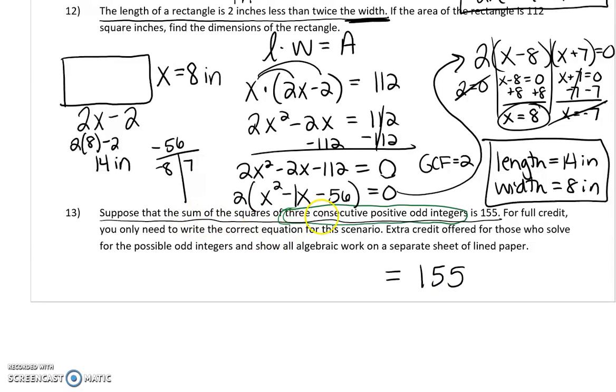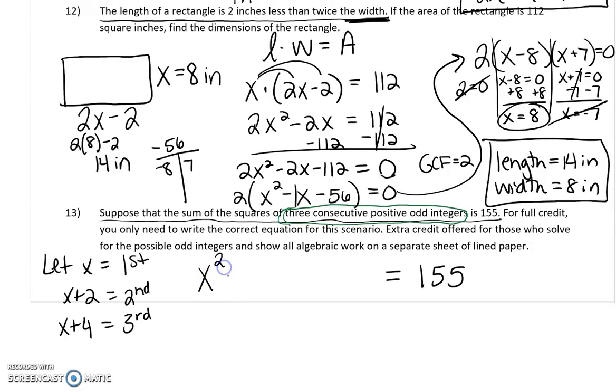When it talks about consecutive positive odd integers, this is where we want to use x, x plus 2, and x plus 4 to represent our first, second, and third consecutive positive odd integer. So when it talks about the sum of the squares, we're going to take our first integer and square it.